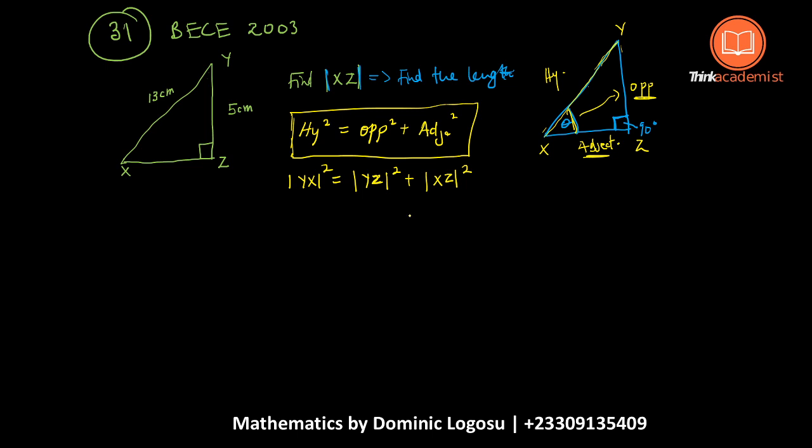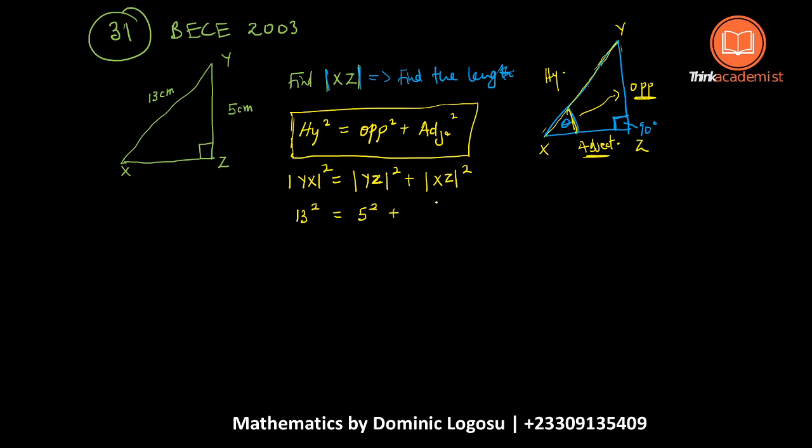Now when we look at this equation carefully, we have our YX to be 13, so we can say 13 squared. We have our YZ to be 5, so we can say 5 squared, but we don't have our XZ. It is the XZ that we should find.